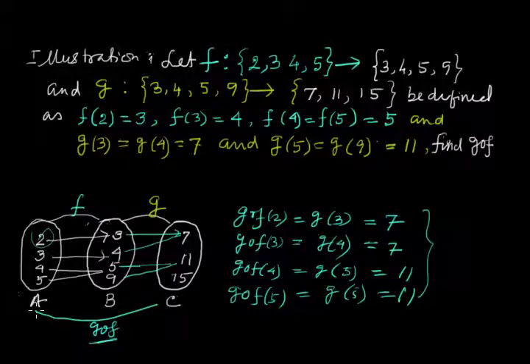The image of 2 under g∘f is 7. The image of 3 under g∘f is 7. The image of 4 is 11, and element 5 under g∘f is mapped on 11.